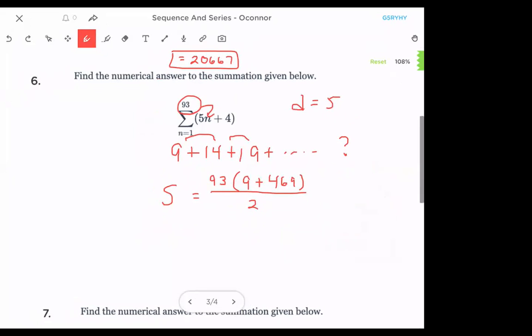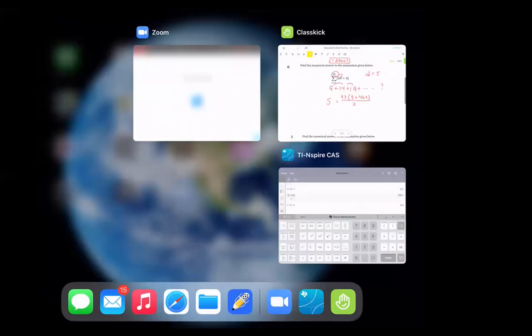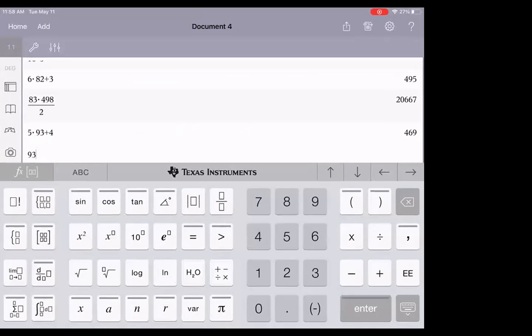So I have 93 times 9 plus 469. So that's going to be 478, right? So I could do 93 times 478 divided by 2. Okay, so I get 22,227.